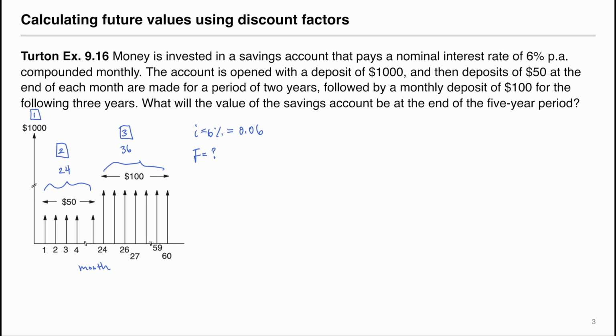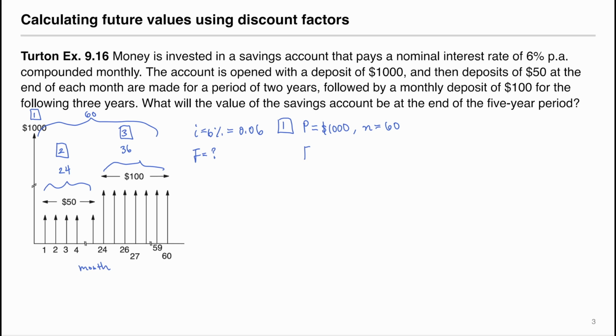A more effective way to solve this problem is to conquer it by parts. For example, we can look at the first part to calculate the future value of the deposit. The deposit is in for a total of 60 months. So the present value for the deposit is $1,000, and it is deposited for 60 months, so n equals 60.